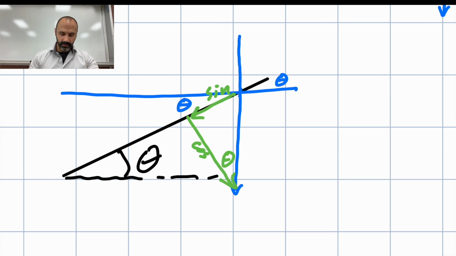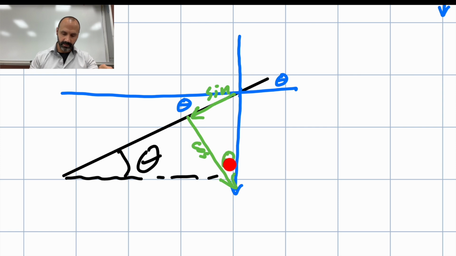And when I do that, I notice that this little angle here has to be complementary to this angle, but also this angle is complementary to this angle. So two angles that are complementary to the same angle are congruent. Geometry, right? All comes together. And so this angle is theta.